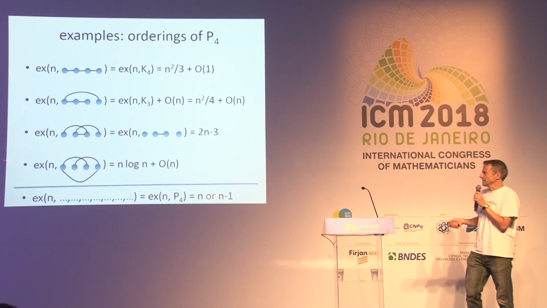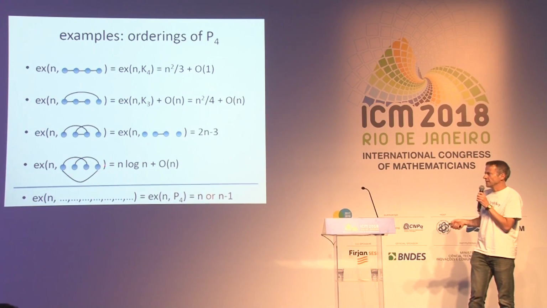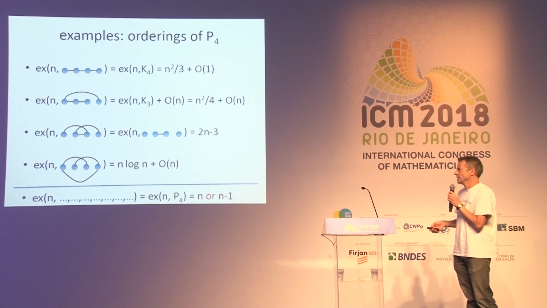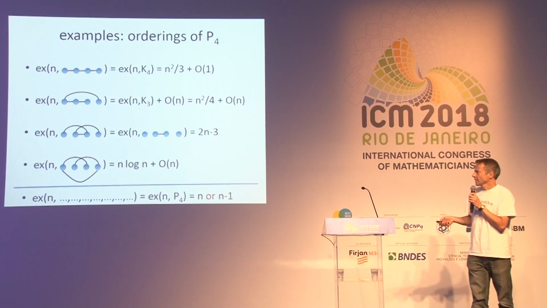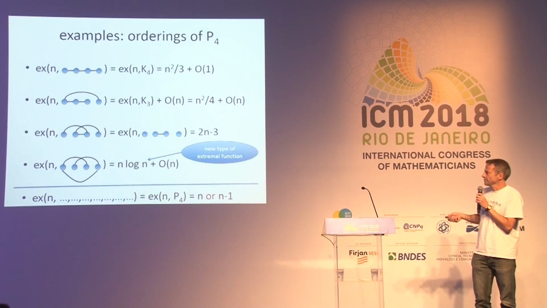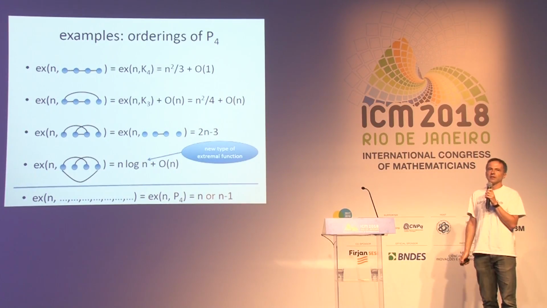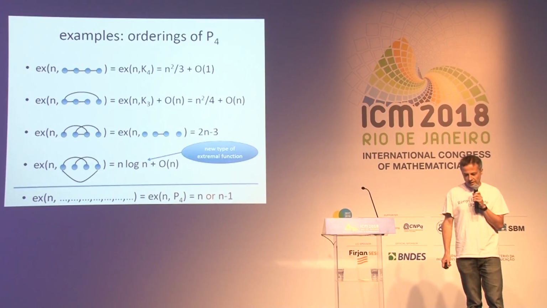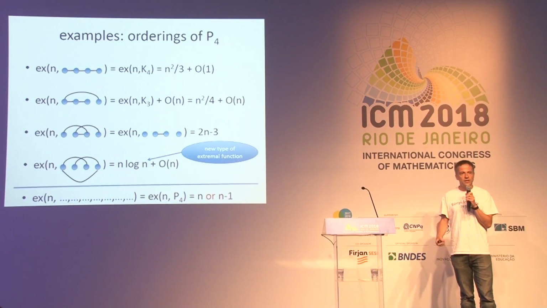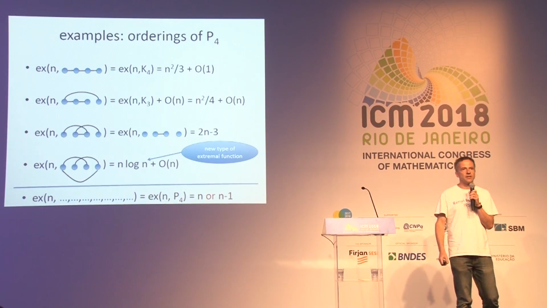And maybe the most interesting is this last one, where you get the extremal function of n log n with a linear error term. Why is this the most interesting? Because this is a kind of extremal function that you never get with the classical theory. There is a very simple and easy to prove dichotomy in the classical theory.